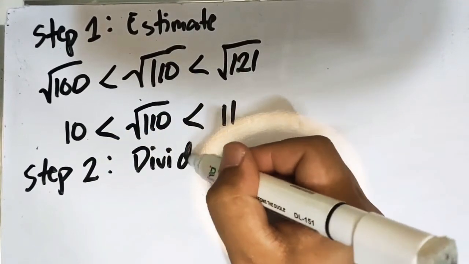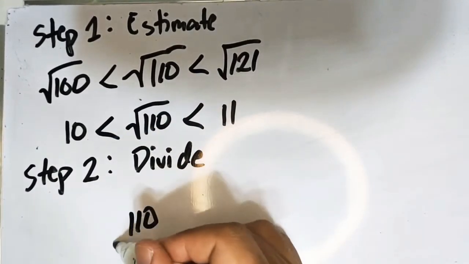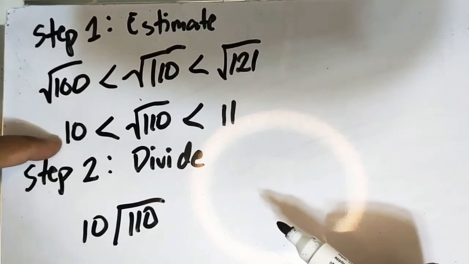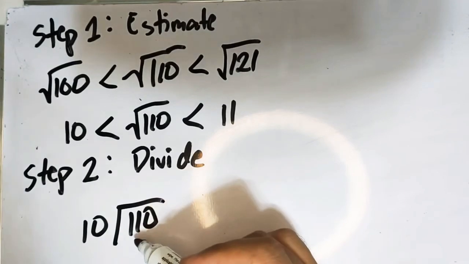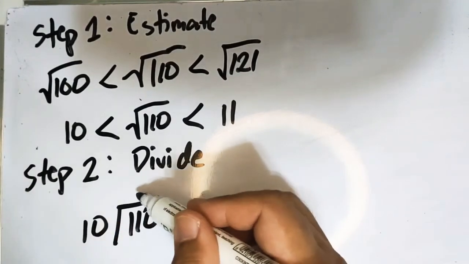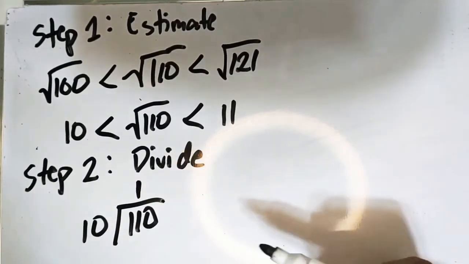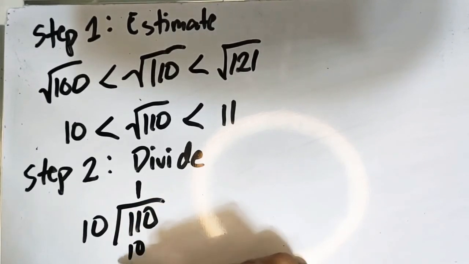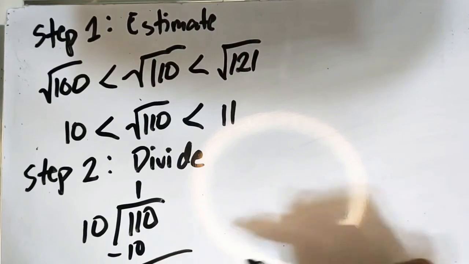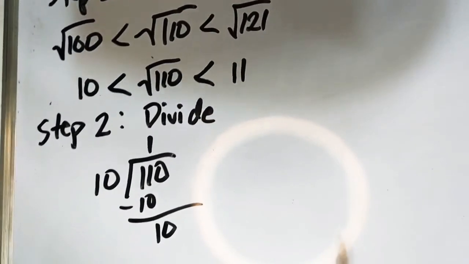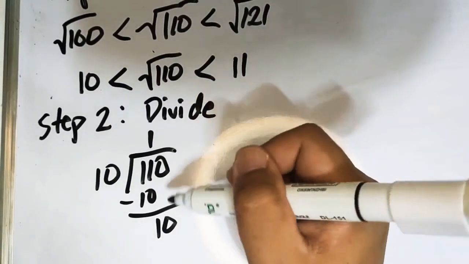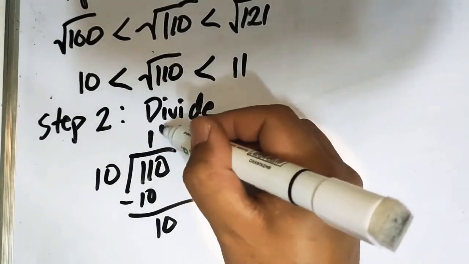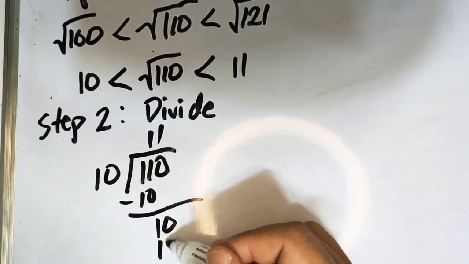Divide 110 by 10. Okay? So 11 divided by 10 is 1. So 1 times 10 is 10. So subtract. We have 1, then bring down 0. 10 divided by 10 is 1. So 1 times 10 is 10.